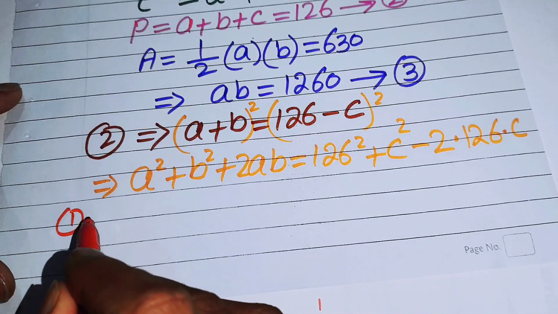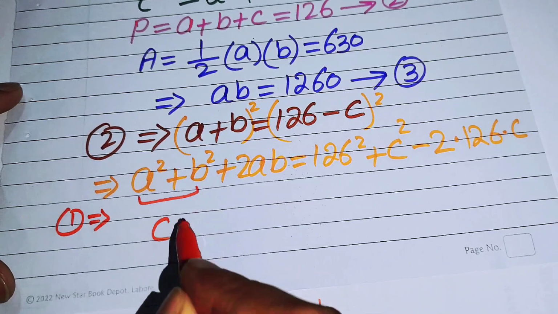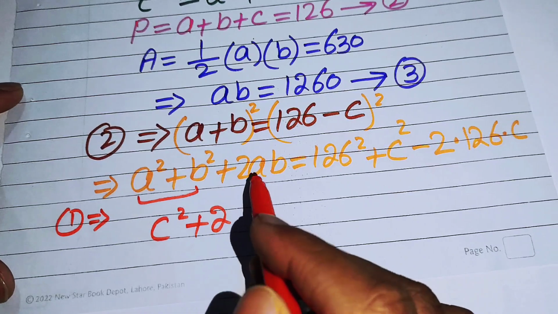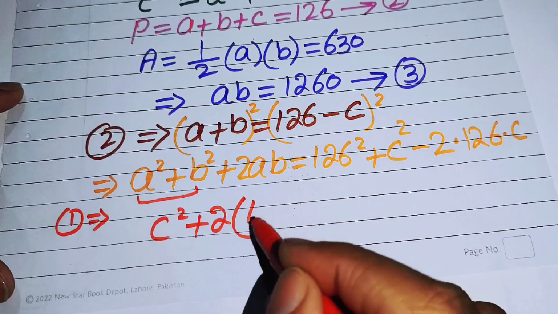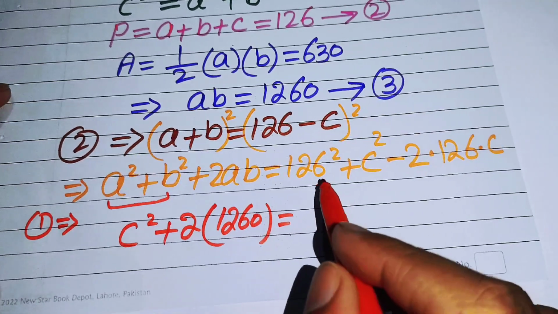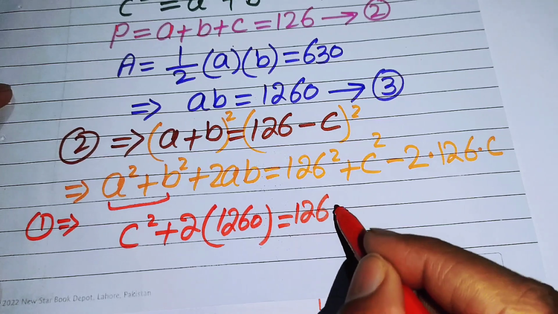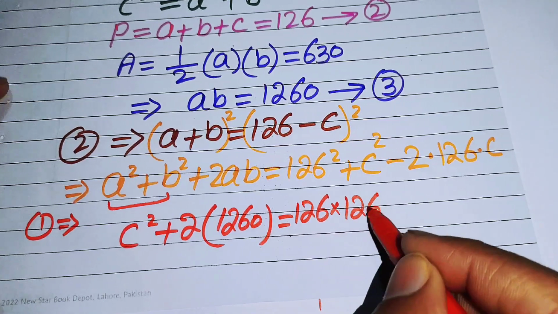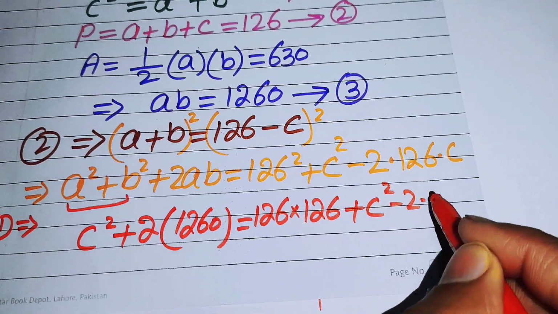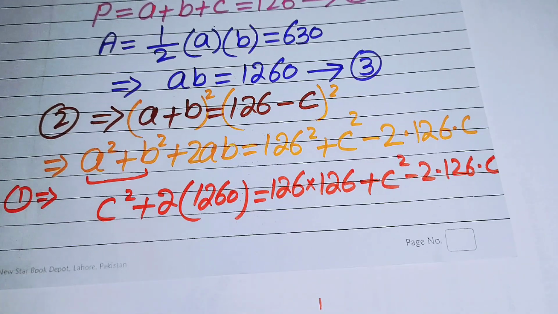So this is c squared, plus 2 times ab, and the value of ab is 1260, equals 126 multiplied by 126 plus c squared minus 2 times 126 multiplied by c.